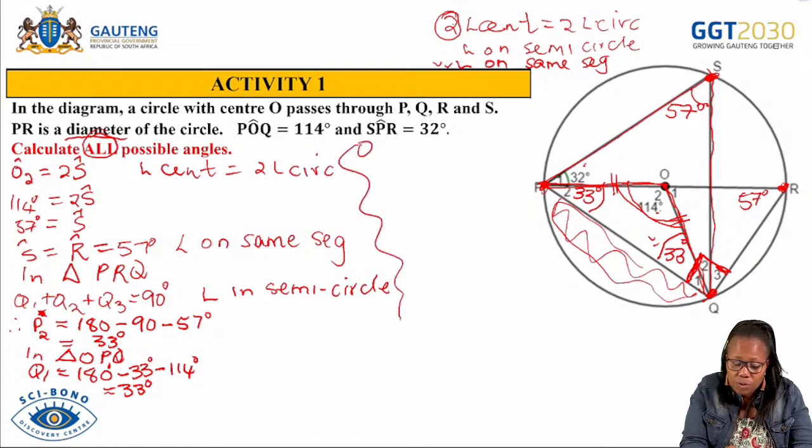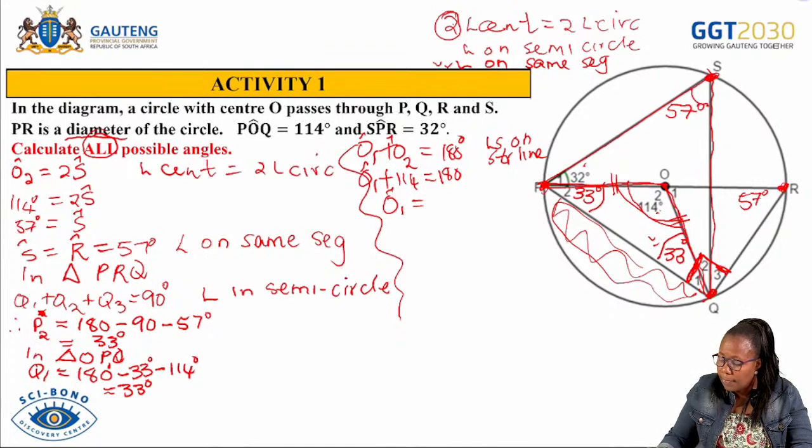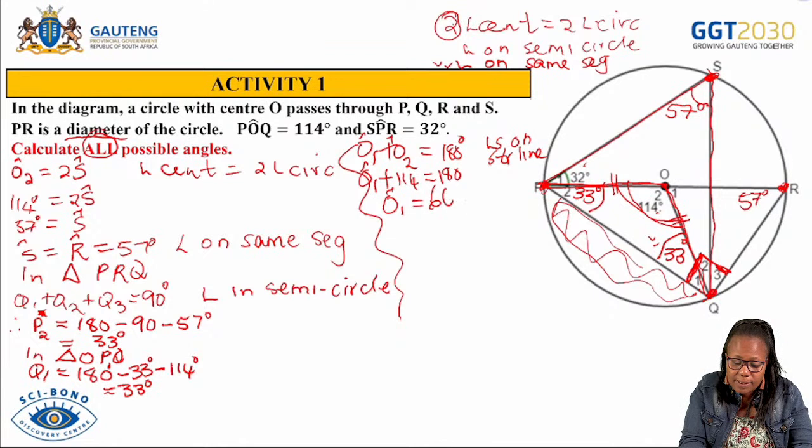O1 plus O2 is equal to 180 degrees, reason: angles on a straight line. Substituting 114 for O2, angle O1 will be equal to 180 minus 114, which gives us 66 degrees.